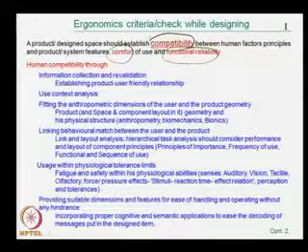So, the compatibility, comfort and functional reliability, if we want to check it, then we can say that the human compatibility is checked through information collection and revalidation, that is establishing product user friendly relationship.